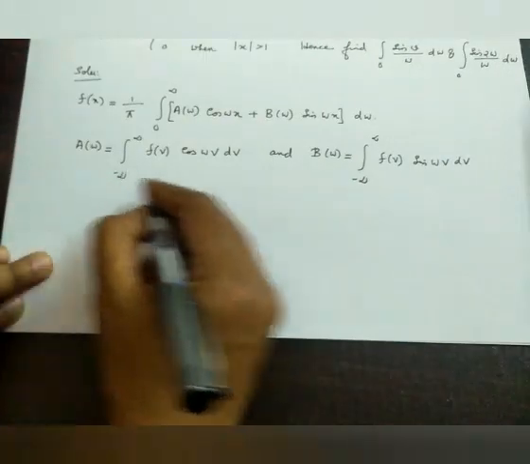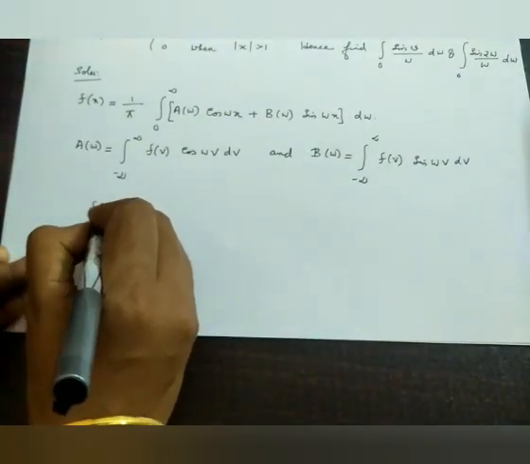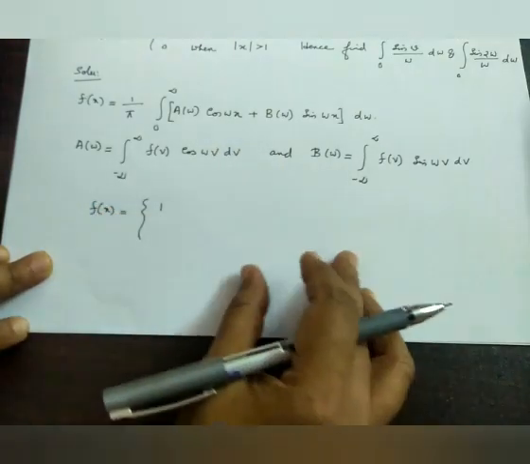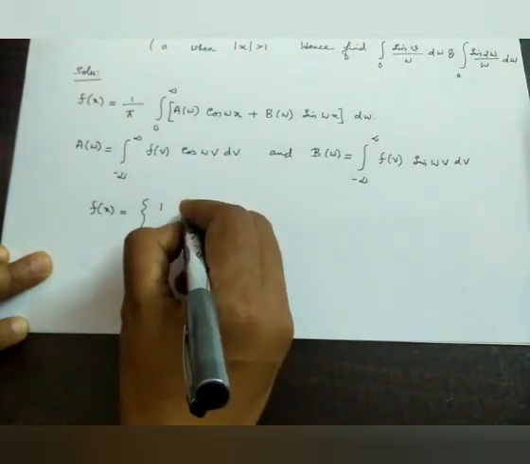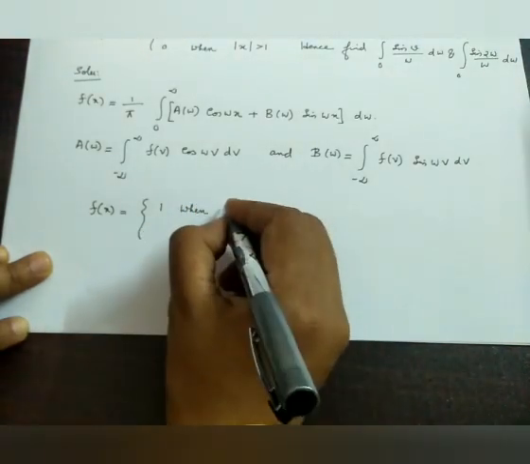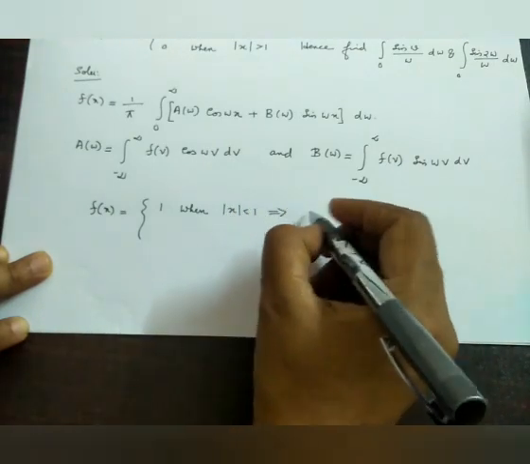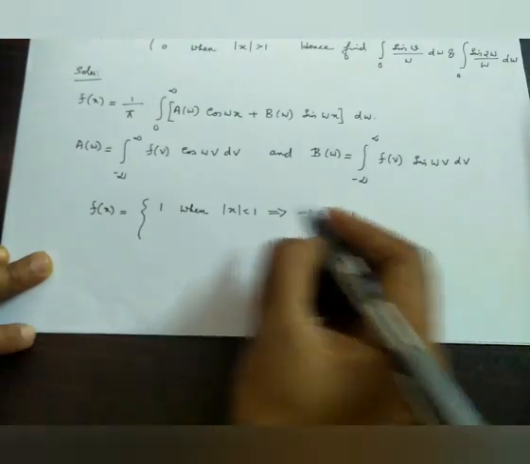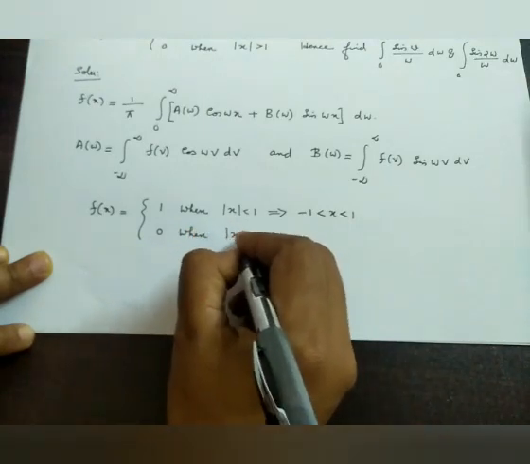For finding a omega and b omega, we have to define f of x first. This f of x is given as 1 when mod x less than 1, which can be rewritten as minus 1 less than x less than 1. And it is given that 0 when mod x greater than 1.